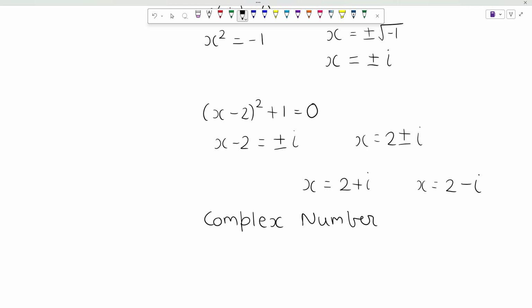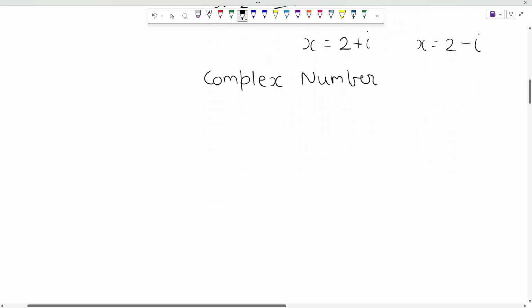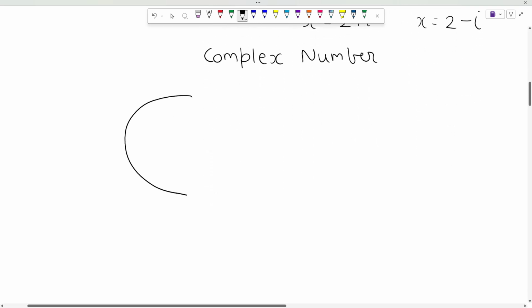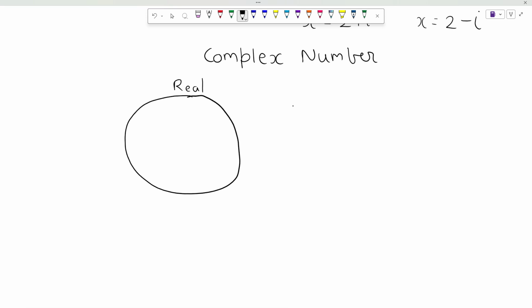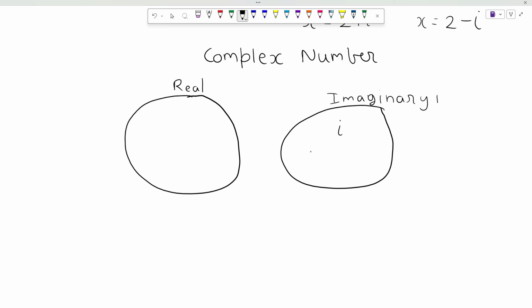Now, how to represent this complex number? This is the set of the real numbers. This is the set of imaginary numbers which are not real. So in imaginary numbers, these numbers come, and in real numbers, all the real numbers are there.